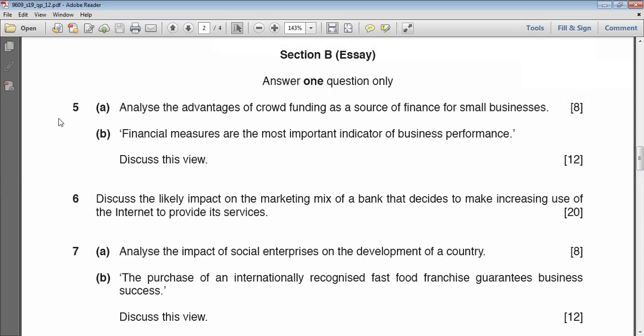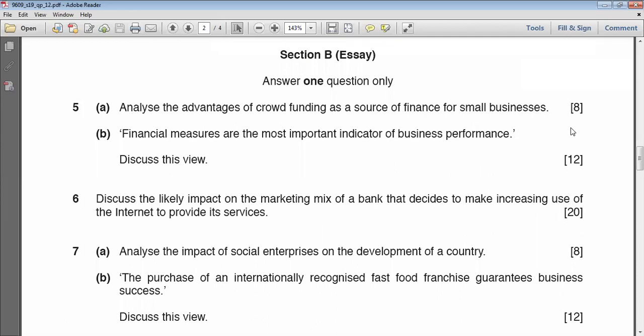But when you want to begin your answer, the introduction or the first sentence or two of your answer, it's almost the same. You can begin with the definition to show that you have strong knowledge. For example, you can begin by defining what is crowdfunding, and then give the impact or the plus point of crowdfunding for small business afterwards.